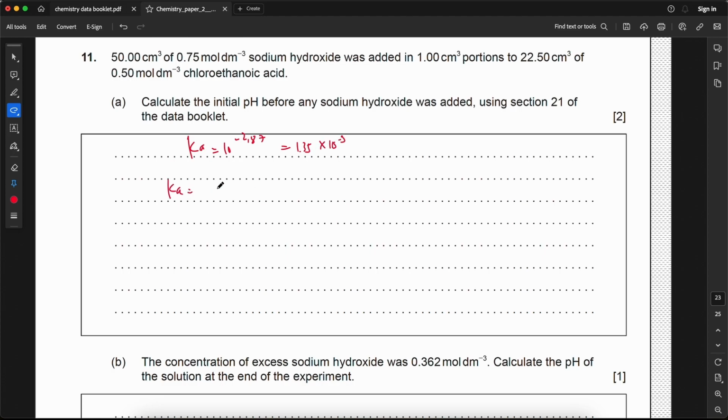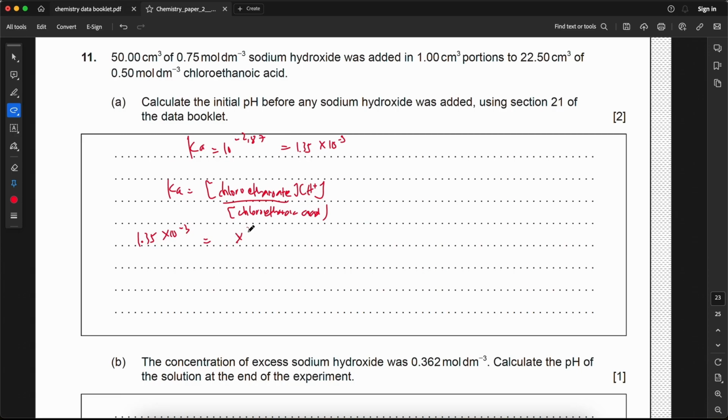Ka will be the concentration of chloroethanoate and H plus divided by chloroethanoic acid, because when chloroethanoic acid reacts with NaOH, it forms chloroethanoate, and Ka is 1.35 times 10 to the power negative 3. We don't know the concentration for this.